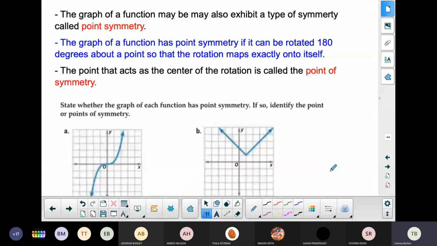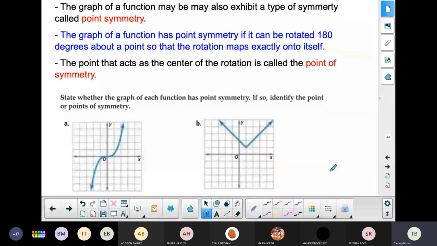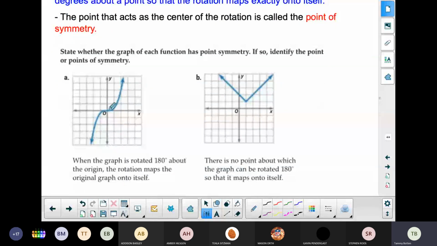Point symmetry is a little bit harder to see, but if we look at this first example here, if something has point symmetry, it would have a point, in this case the origin, where if you took this graph and rotated it 180 degrees, like turning it upside down, this part would map onto this part. And it would.